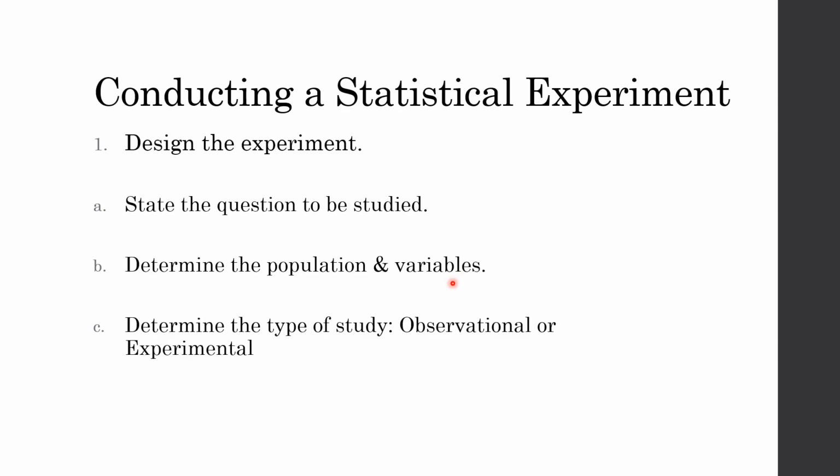So what are the different questions that you want to ask? How should you be asking the questions so that you don't introduce bias? And then based on steps 1A and 1B, you're going to figure out what type of study you are going to be conducting, an observational study or a designed experiment or an experimental study.